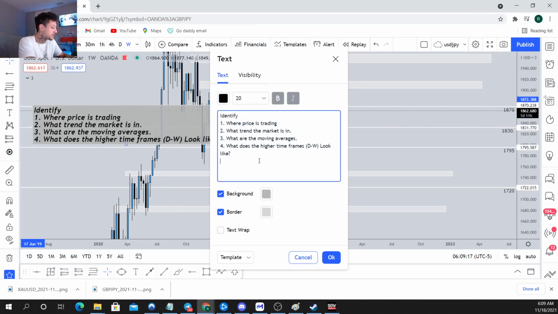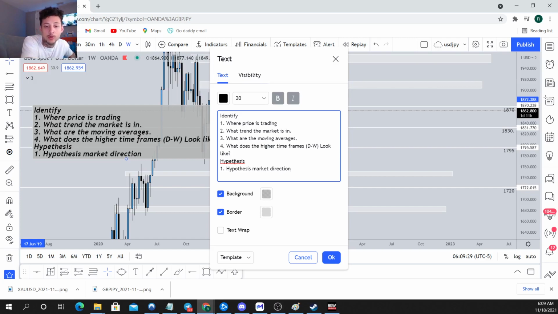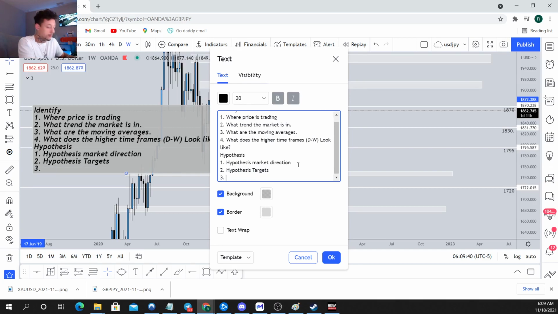Then we're going to hypothesize. And what I mean by hypothesize, it's as simple as that. We're going to hypothesize market direction, hypothesize our targets, hypothesize stop loss.